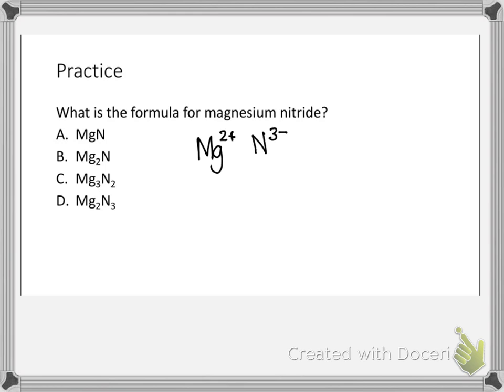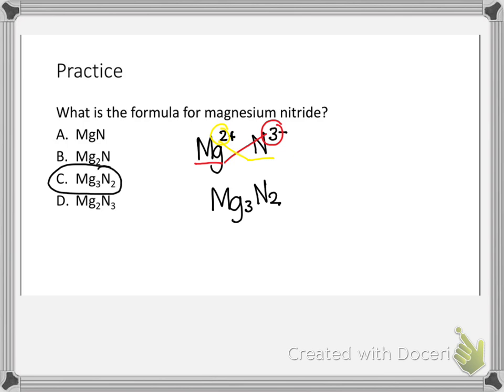So this is another example where 6 would be the lowest common number. And so you would need 3 of the magnesium and 2 of the nitrides to get it up to 6. But if you were uncertain of that, you could look and say, okay, magnesium, I need 3. And nitrogen, I need 2. So it would be Mg3N2, which again is letter C.